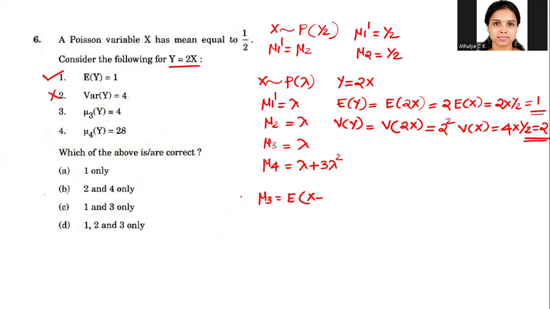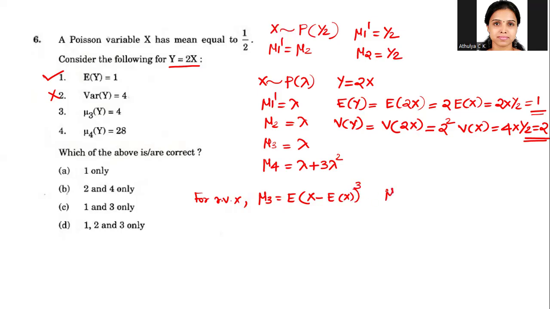I am writing it in general terms. So for random variable x, mu3 is equal to the expected value of x minus expected value of x whole cube.